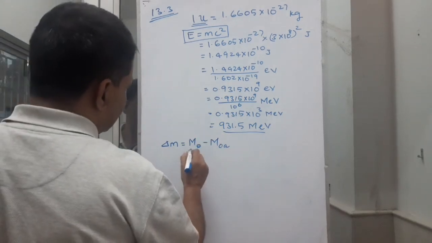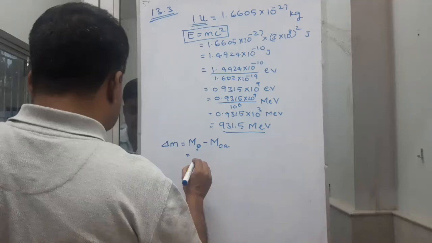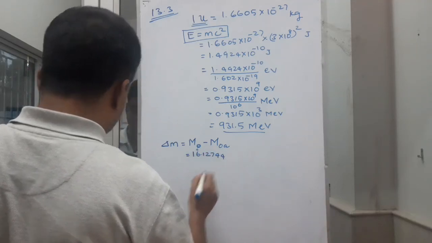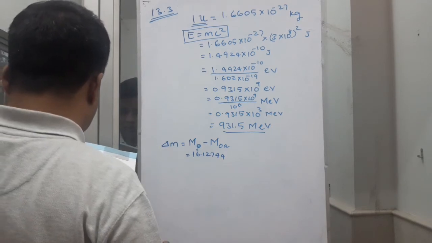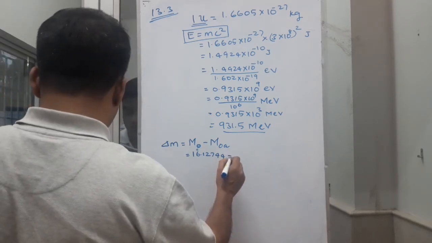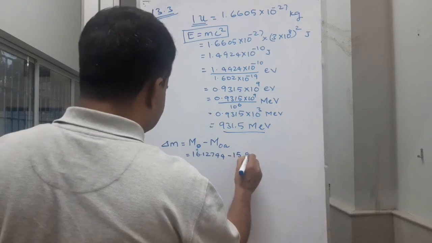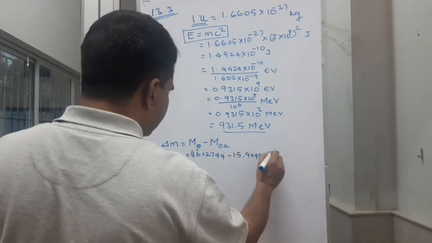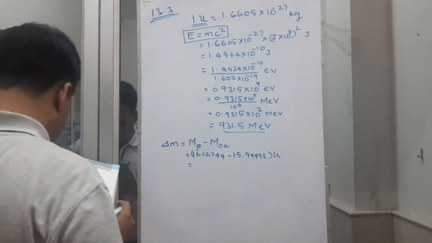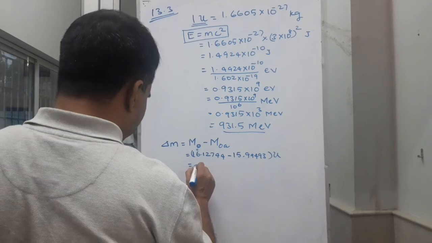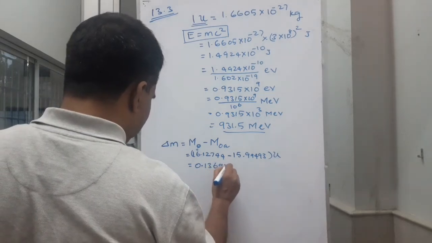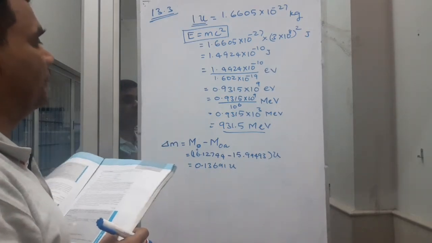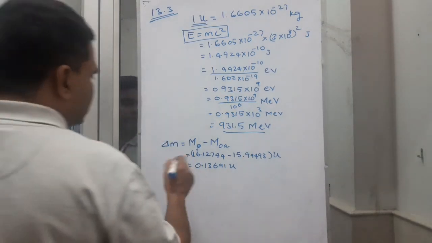The calculated mass was 16.12744, and what she actually got was 15.99493 atomic mass units. So that is equal to 0.13691 atomic mass units. Okay, so this is delta M.